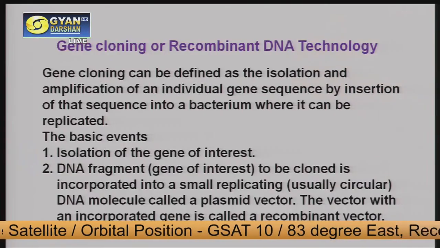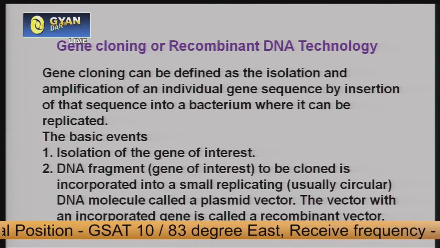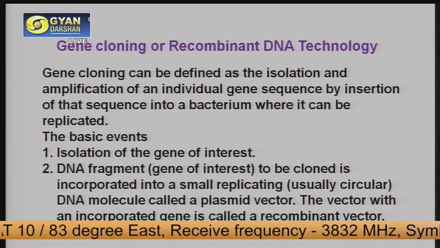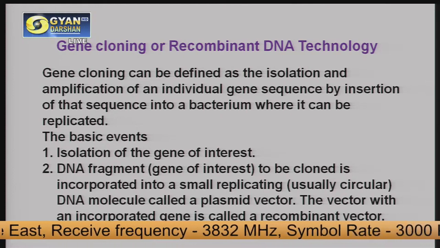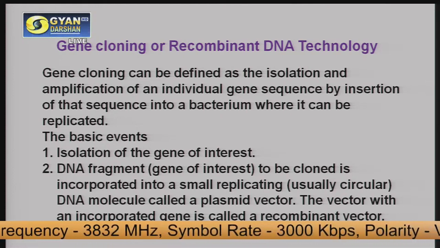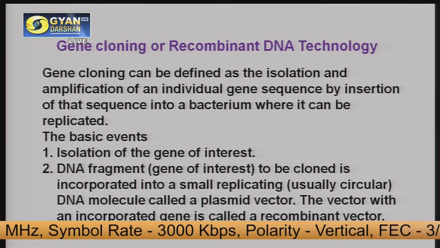So you insert this particular foreign DNA or a gene into a vector, and then you insert it into a particular host, which in most of the cases is a bacterial cell, that is Escherichia coli, and then you have to select the clone. That means based on some markers, it can be an antibiotic marker or it can be any other marker gene which will generate a color, or because of the insertion there may be a loss in color production, and then you select those recombinant clones.